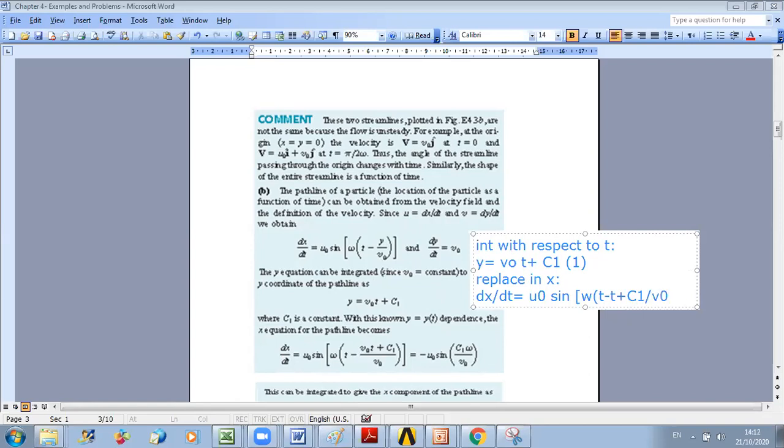Now you can see here that t will cancel out because you have t minus t.